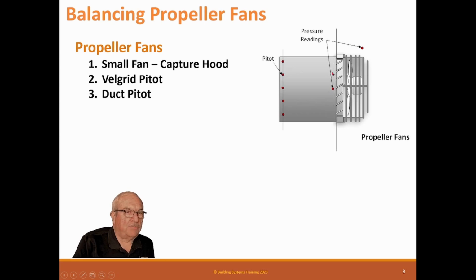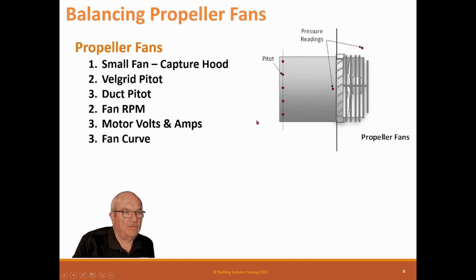You can do a duct pitot if they have a duct on them, and some of the fans used for garage exhausts do have ducts on them, so you can do a pitot. Fan RPM, motor volts and amps, fan curves. So this is not too hard to take readings on. Static pressure, again, is 0 for the inlet pressure and whatever pressure on the duct. And if it's a fan without a duct, you can't really do pressure. So you basically have to figure out another way.